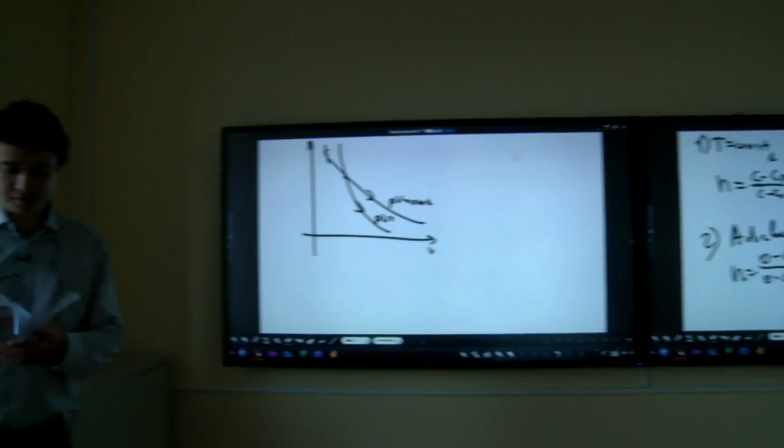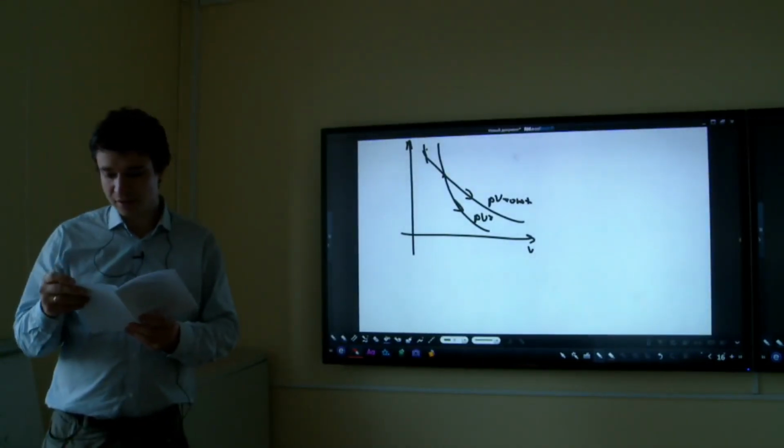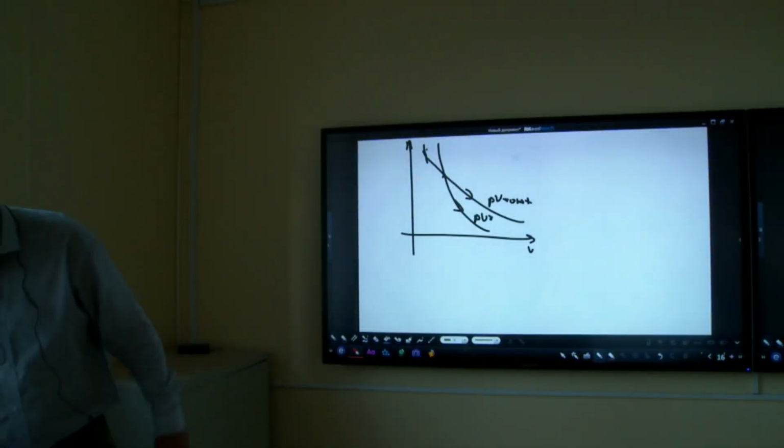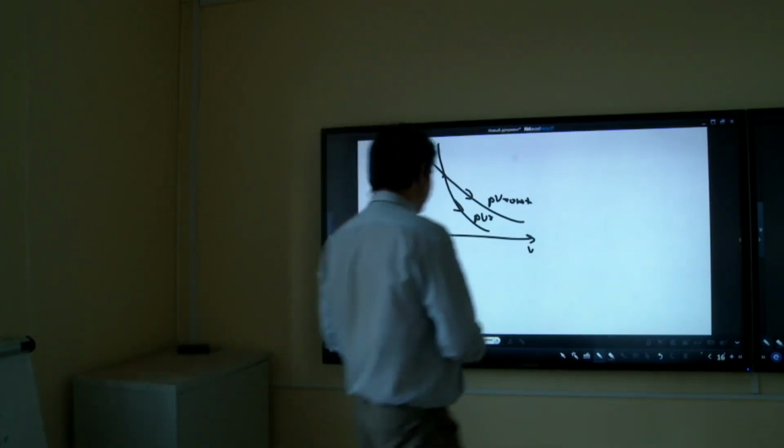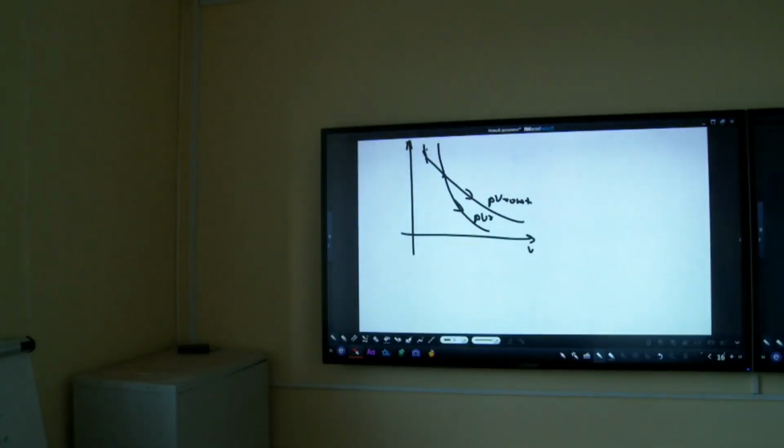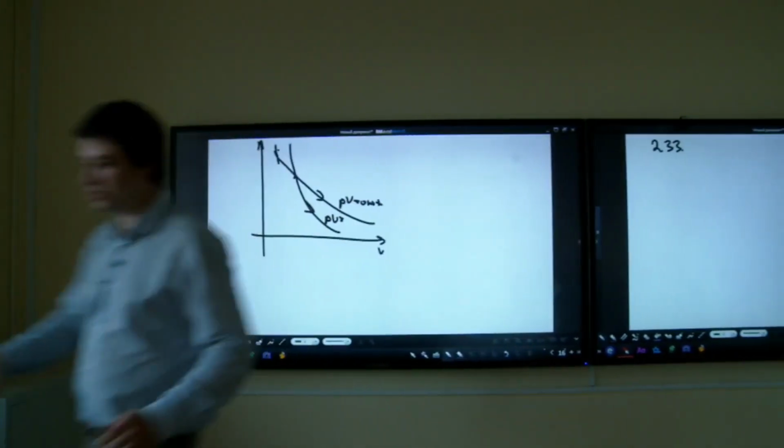The next problem is 2.33 in the Irodov book. Let me see what's here.